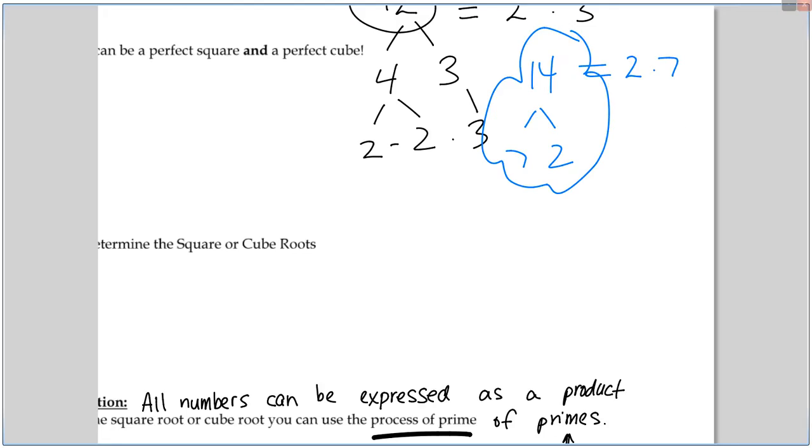Let's try another one, like 30. 30 could be broken down like 5 times 6. 6 is not prime, so keep breaking down 6. 6 is 2 and 3. So then 30 would be the same as, and in order, 2 times 3 times 5.